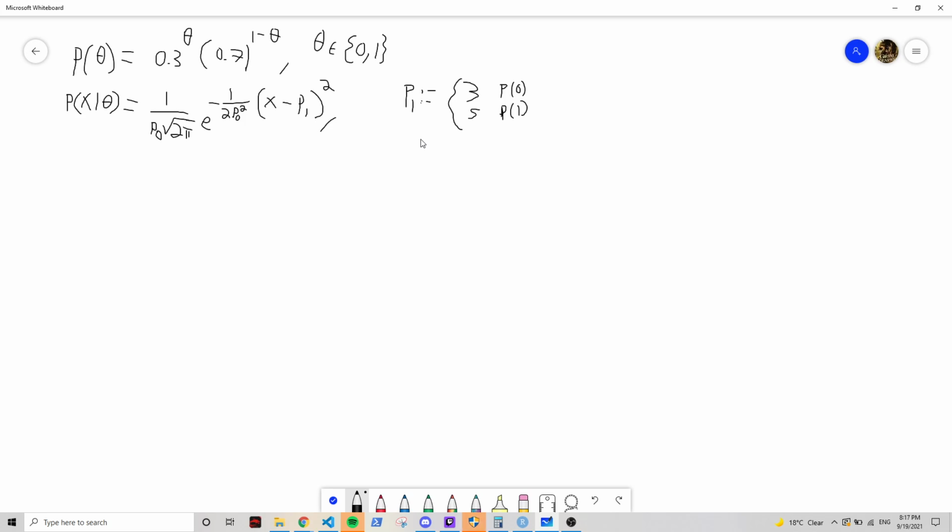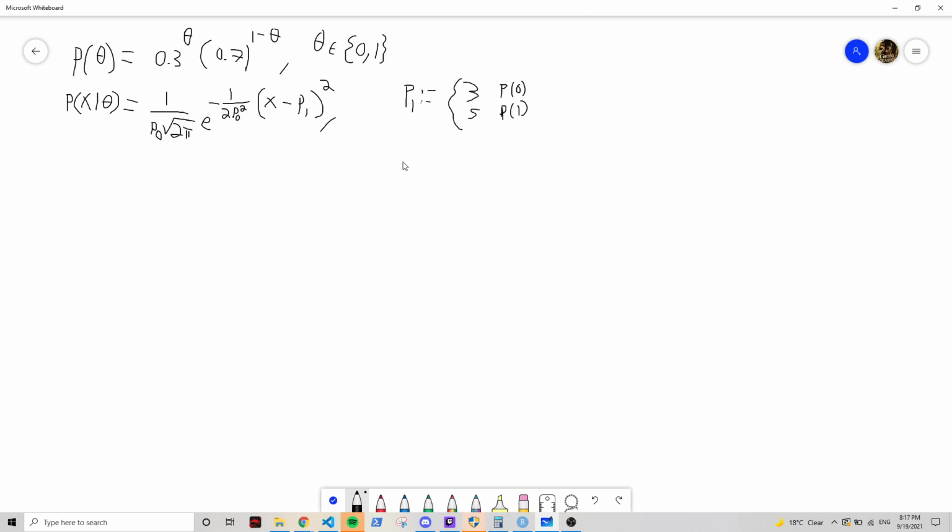Let me take a step back and explain intuitively what this visually looks like. Imagine that you're flipping a coin, and in this case it's not a fair coin, we land on heads 30% of the time. Depending on the face of the coin that you land on, you generate a normal random variable from a different distribution.